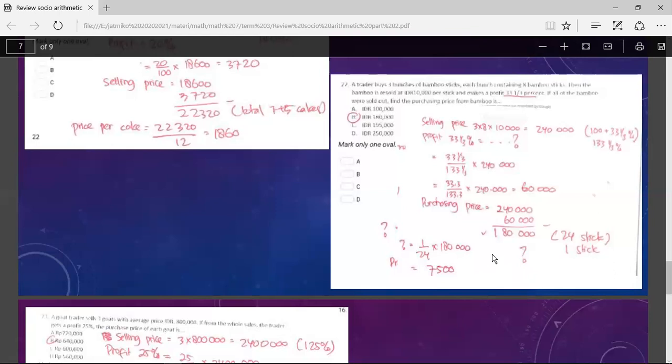So this is if they're asking about the price per piece, and the other one is the price for overall.